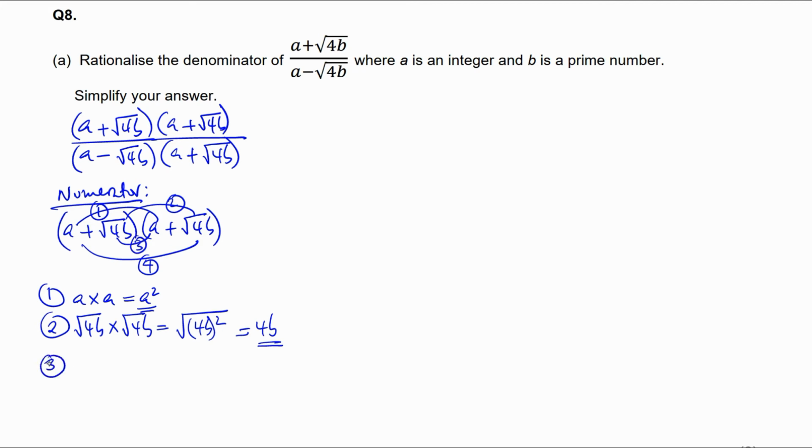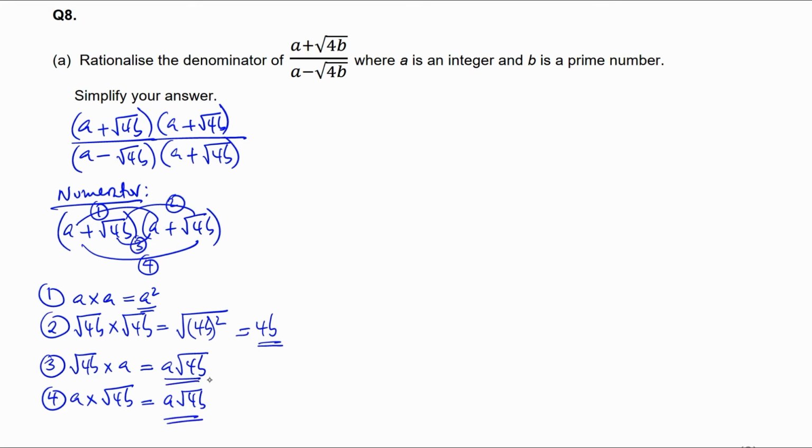And then for 3, you have square root of 4B multiplied by A, which will just be A square root of 4B. And then number 4, you have A multiplied by square root of 4B, which will just be equal to A square root of 4B.